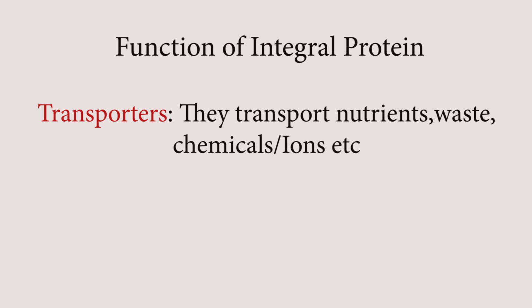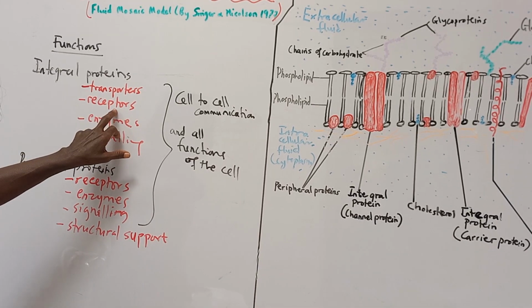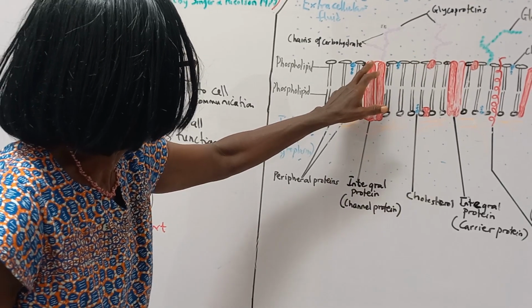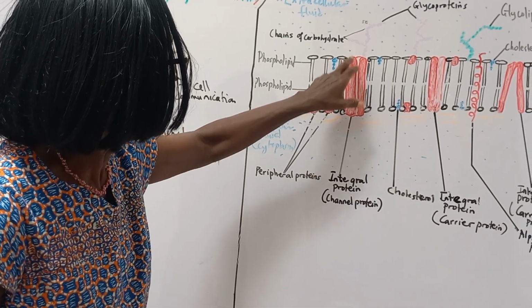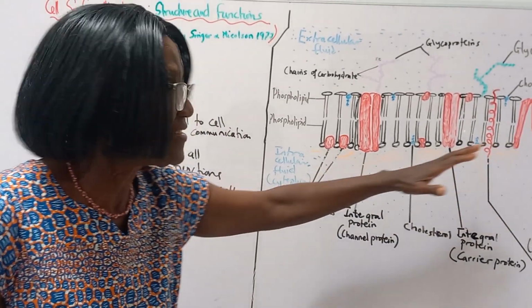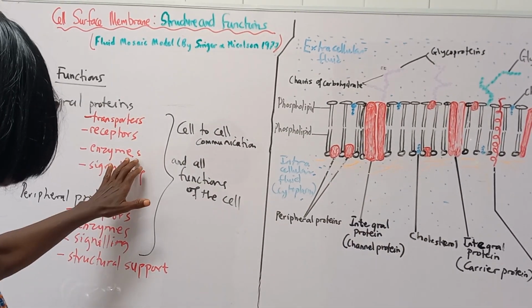They transport nutrients, waste, various chemicals, ions that are needed for processes inside. They transport it across the membrane. They are also receptors where hormones bind on the surfaces. And if hormones bind on the surfaces, the hormones will trigger a chain of reactions inside the cell. They are also enzymes.